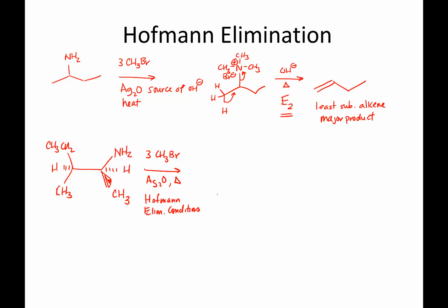Now, if we do that, what is going to be the major product of this reaction? Well, ultimately, here's what I'm going to make. I'm going to convert the amine into an ammonium salt.